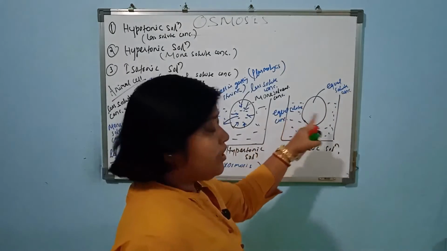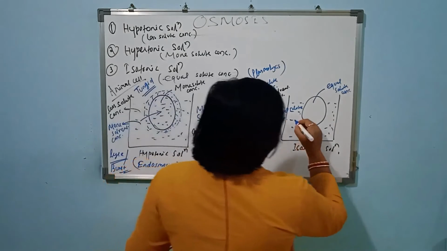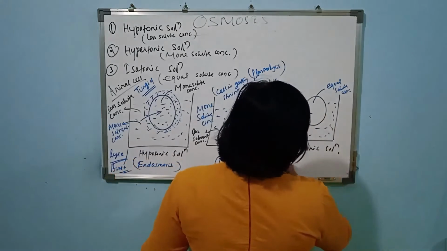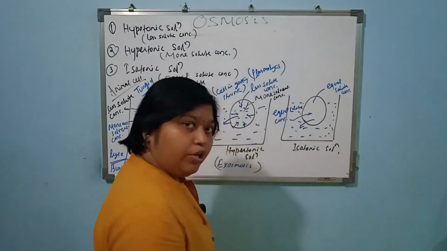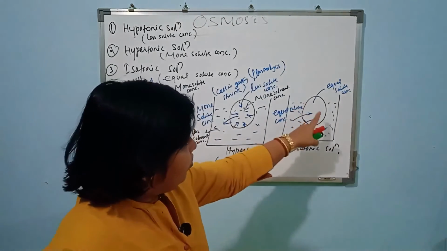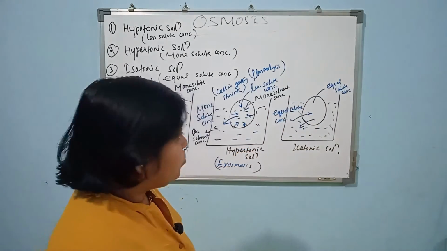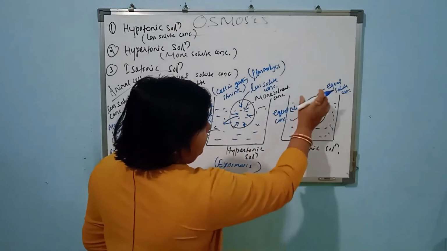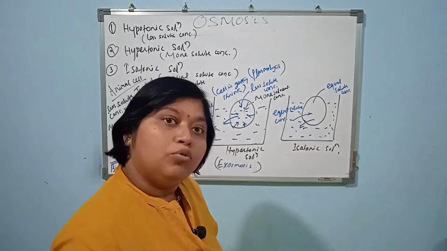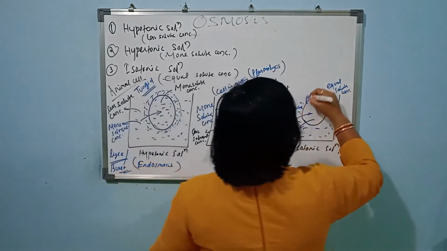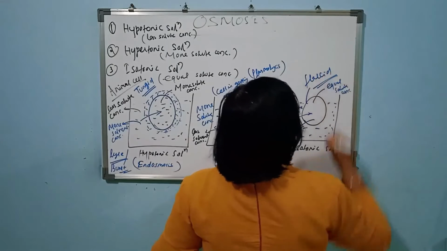So solvent concentration is also equal on both sides. So water will neither move inside nor move outside, or you can say water will move inside and outside equally. So the cell will neither absorb more water nor lose water. So in this case the cell will be flaccid, as it is. The cell will be as it is.